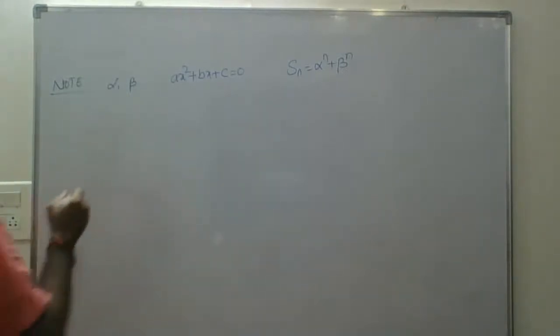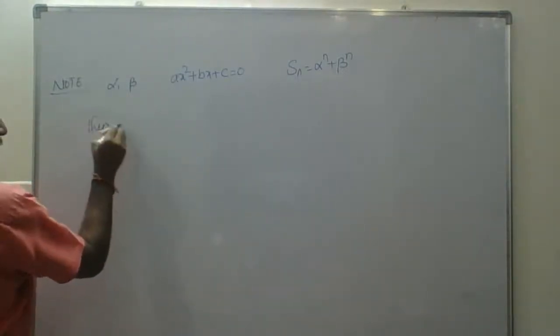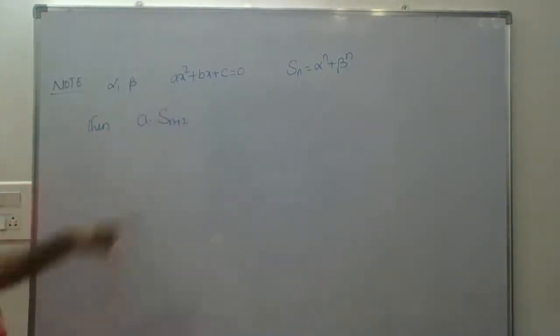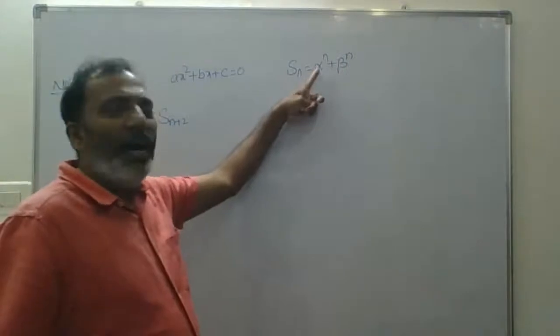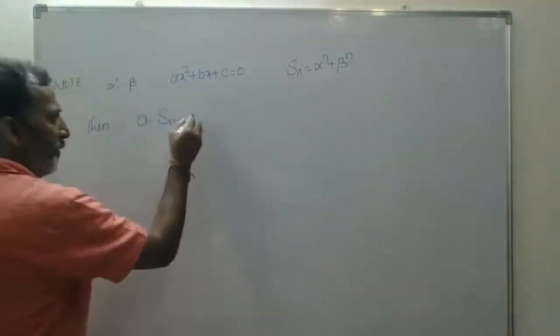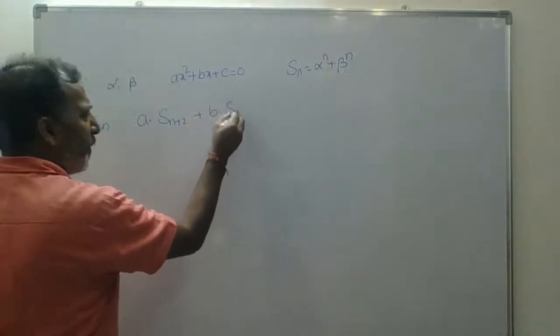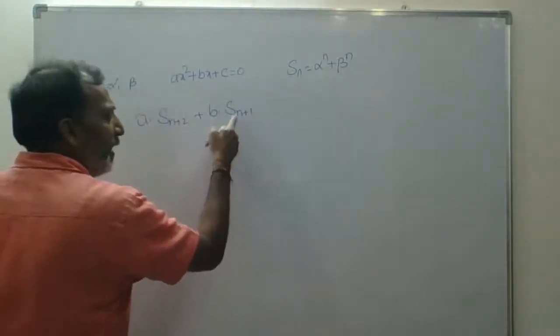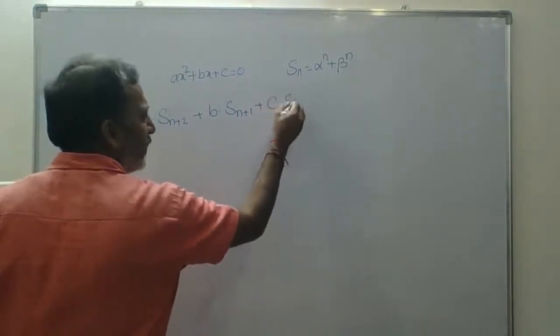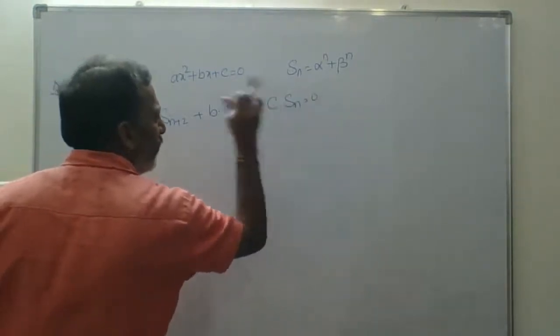Then a into Sn plus 2, what is Sn plus 2 nana? Alpha power n plus 2 plus beta power n plus 2, plus b into Sn plus 1 plus c into Sn is equal to 0.